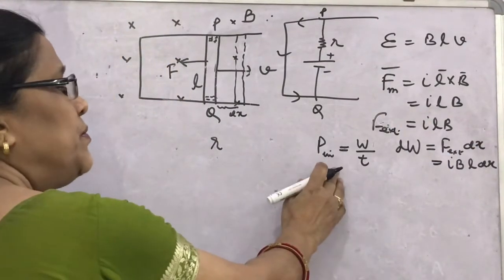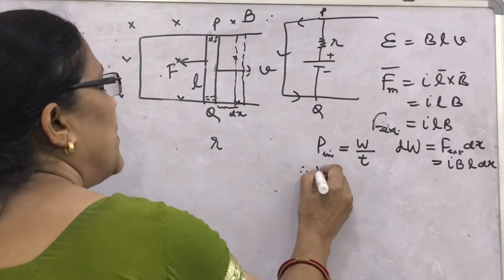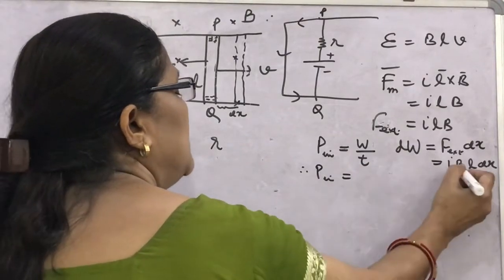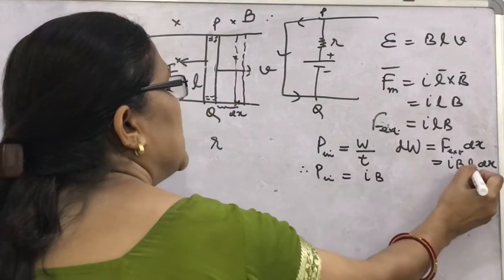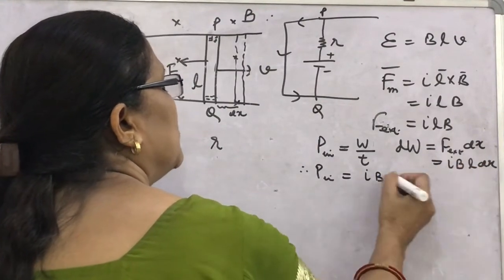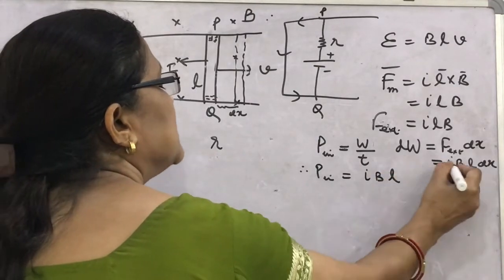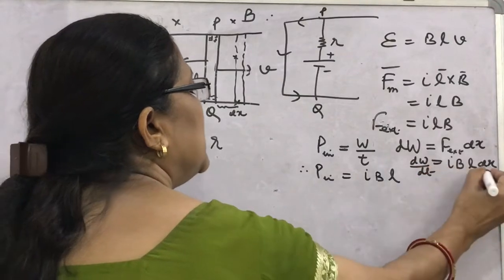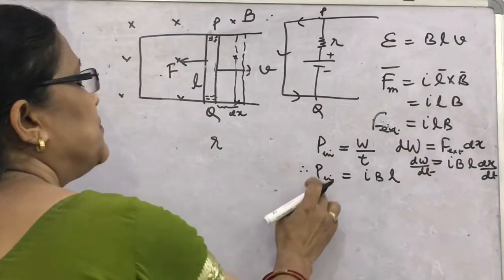And what is power input? Work done per unit time. Therefore power input can be written as I B L dx by dt, where dW by dt is the power input.